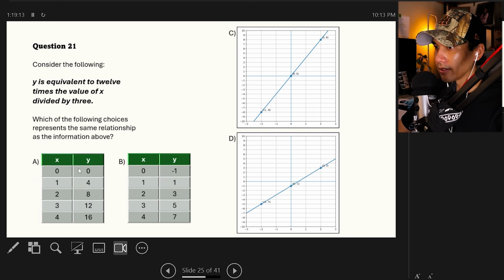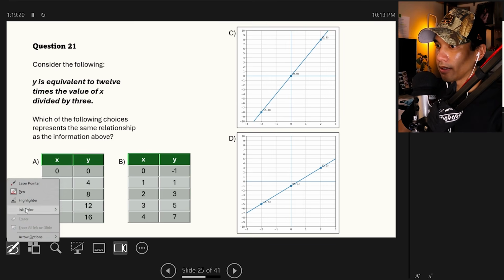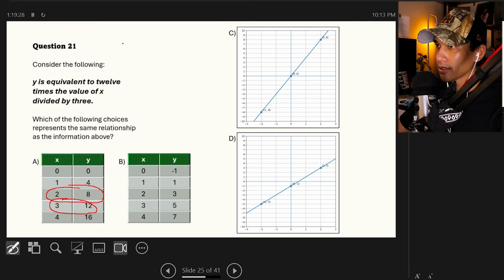Let me just see. So slope, remember, is y2 minus y1 over x2 minus x1. So let's go ahead and calculate that. Let's go with these two right here. 12 minus 8, and then 3 minus 2 equaling 4 over 1 equals 4.